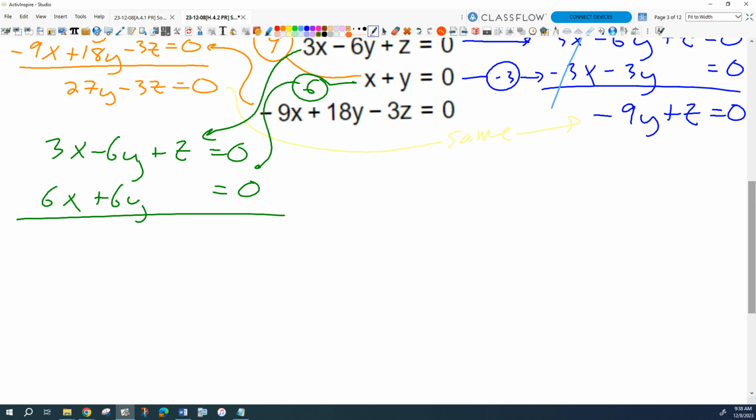Okay, now if we add those up, this time the y's go away, and we end up with 9x plus z equals 0. Okay, so now we got a connection.